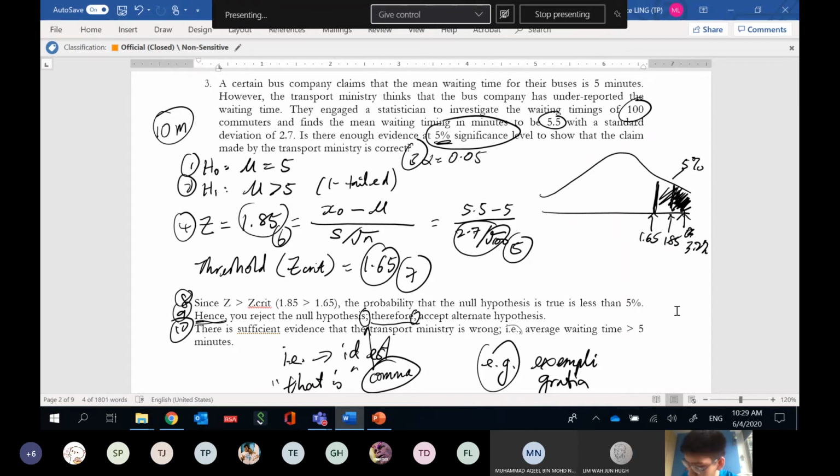Since we reject H0, shouldn't we be saying that the transport ministry is incorrect, sir? Yes. There is sufficient evidence that the transport ministry is wrong.